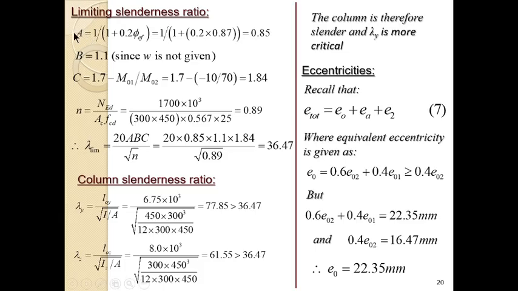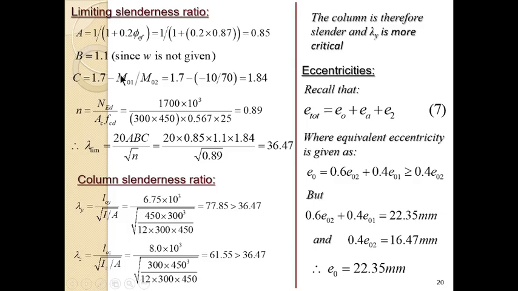Remember this equation, that limiting slenderness is A times B times C all over square root of n. So we calculate A, which is 1 over 1 plus 0.25 EF. We are given the effective creep ratio at 0.87. So when we put that, our A gives us 0.85. And because we are not given W, we take B as 1.1.